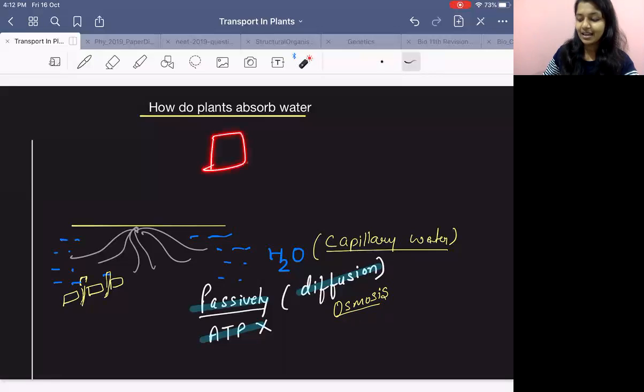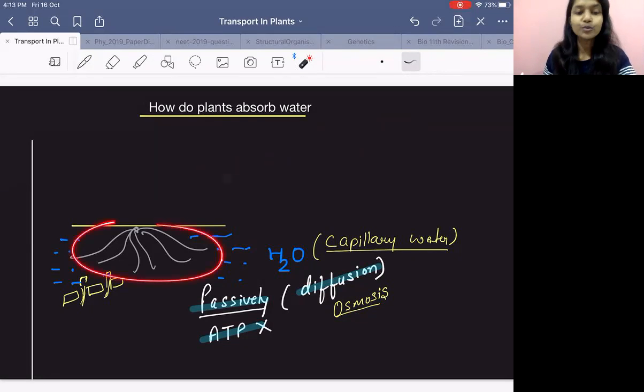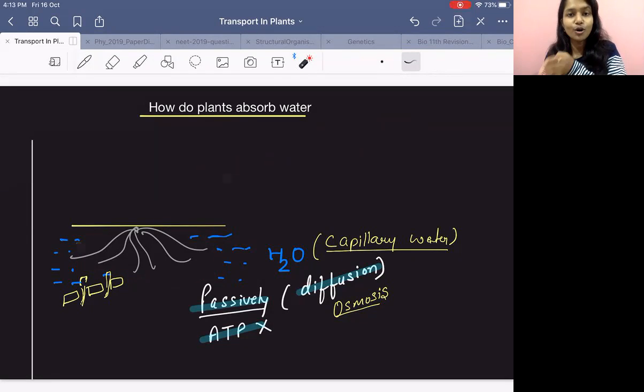There is an upper layer, middle layers, and then an inner layer. There are so many layers of tissues which make the root. One by one, the water has to cross all the layers of the root to reach the xylem. So what all layers are there?